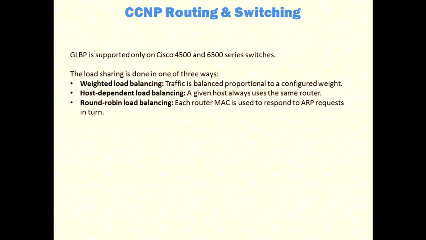GLBP is supported only on Cisco 4500 series and 6500 series switches. The load sharing is done in one of 3 ways. Weighted load balancing: traffic is balanced proportional to a configured weight.